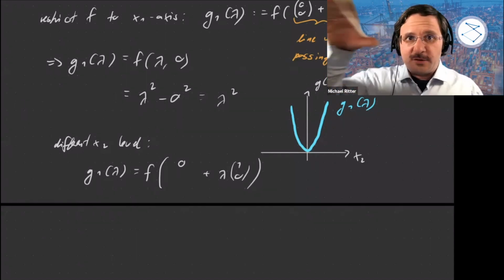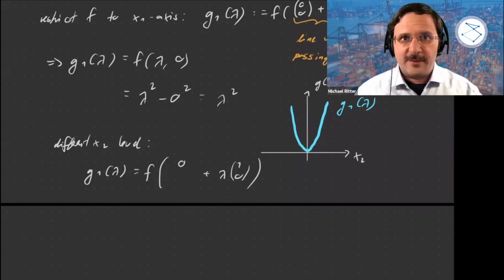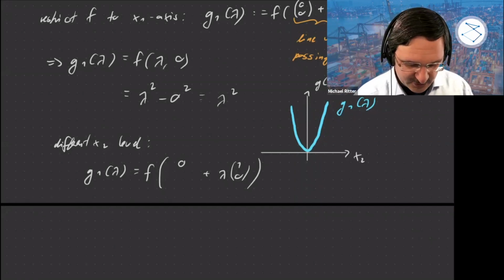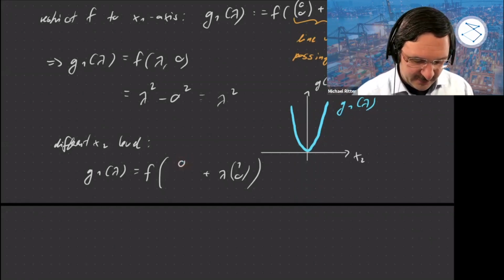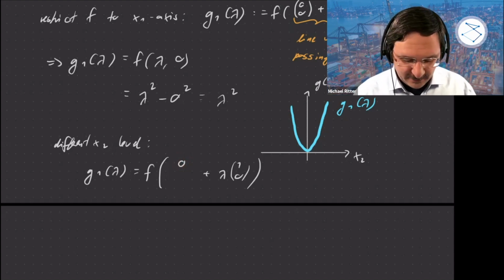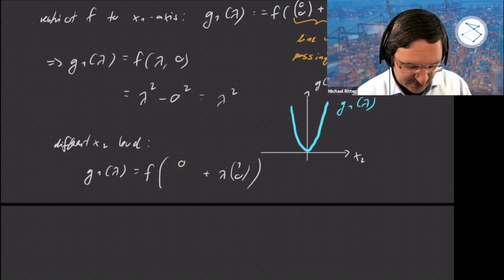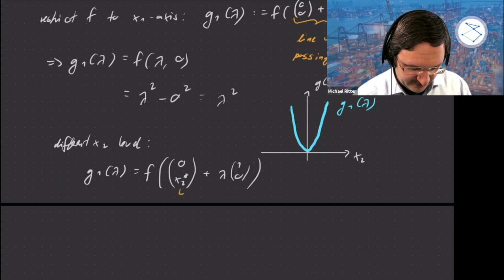For the x1 axis, we move along the whole x1 axis, so it doesn't really matter where you start on that axis. So we can just keep that point here at 0. And to fix x2 at a different level, what we do is we just change that point here to some fixed x2 star. So we consider that some fixed value.